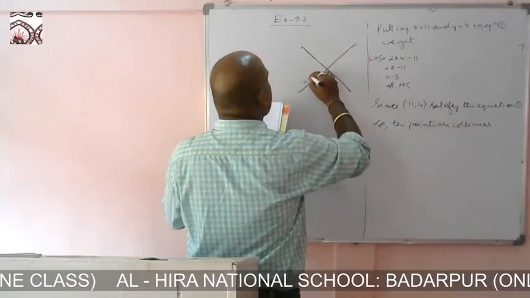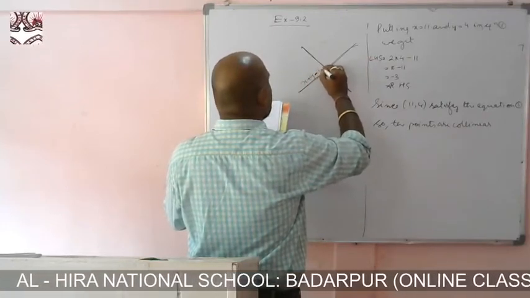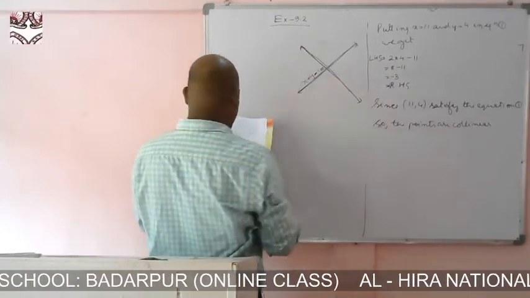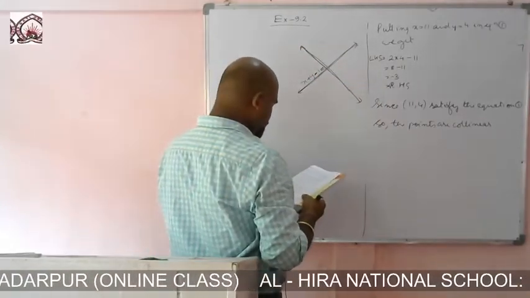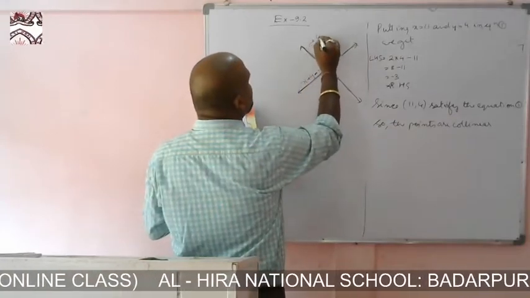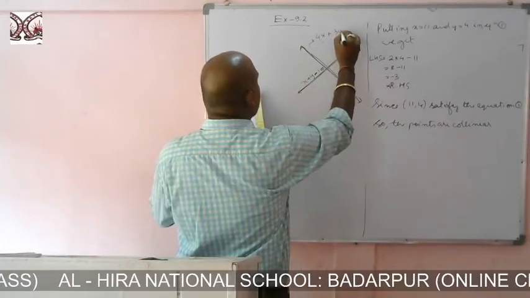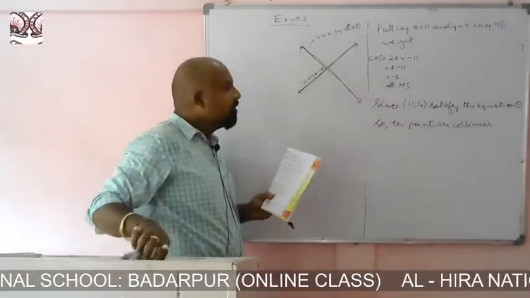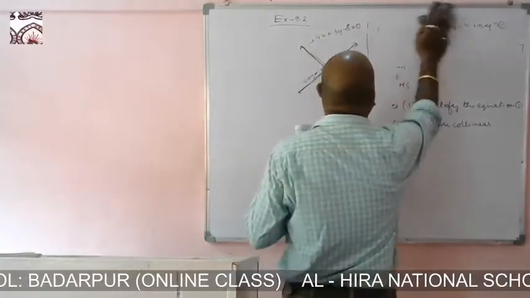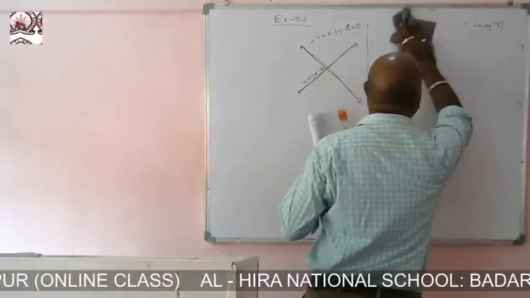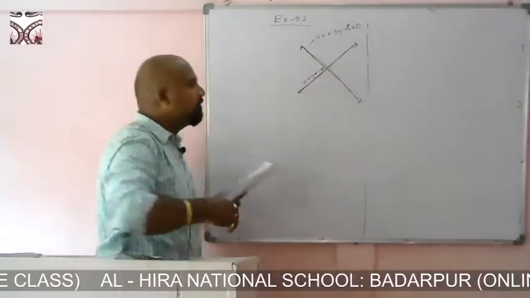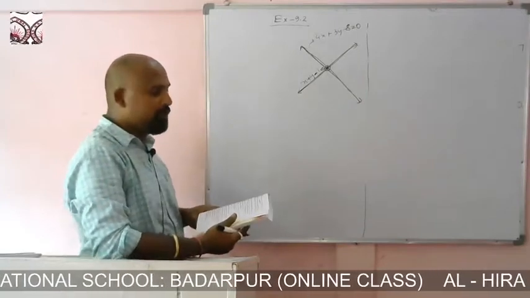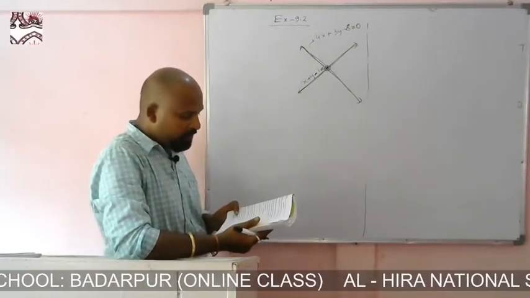Let us consider this: x plus y minus 1 equal to 0 is the equation of this line, and the equation of this line is 4x plus 3y minus 8 equal to 0. Now we have to find out the point of intersection between the two lines. Okay, we have to find the coordinates of this point.